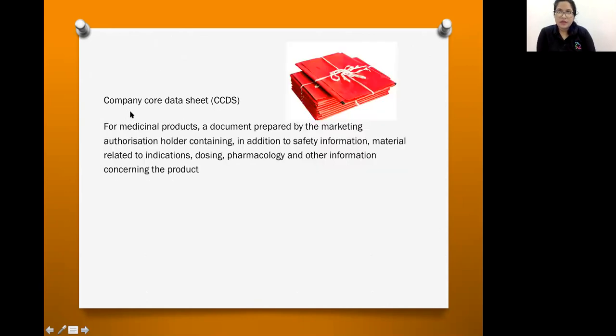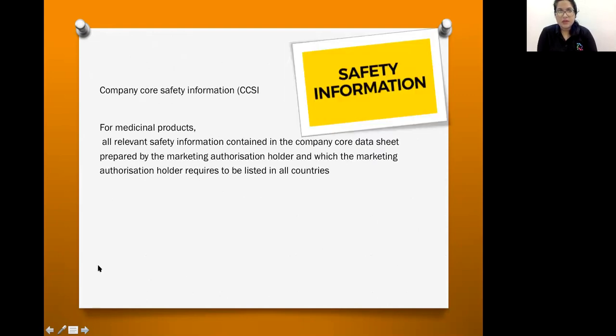Another term that is given in this good pharmacovigilance practice is company core data sheet for medicinal products, a document prepared by the marketing authorization holder containing, in addition to safety information, material related to indication, dosing, pharmacology, and other information concerning the product.